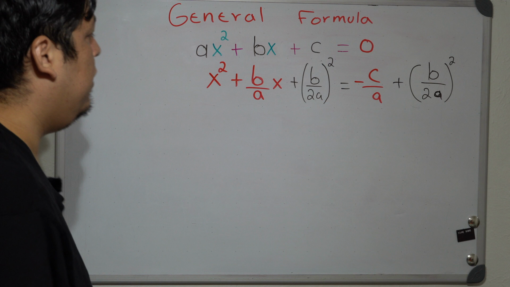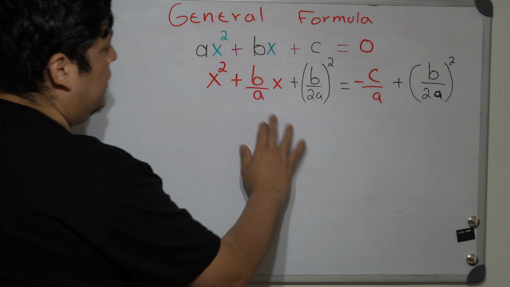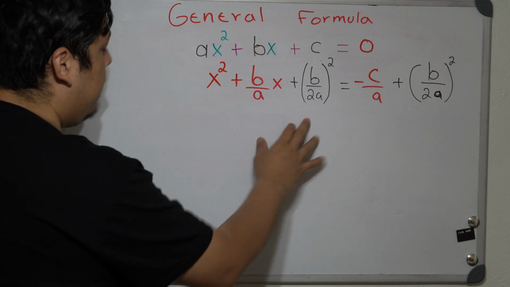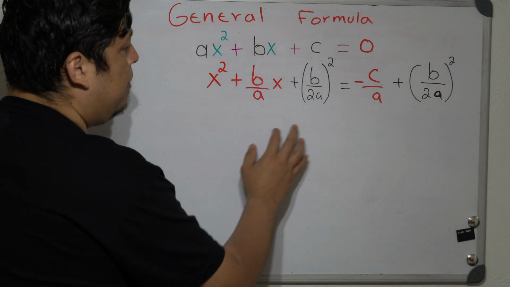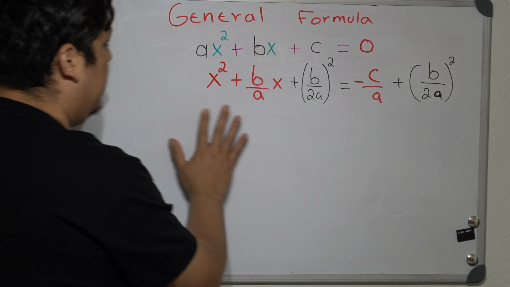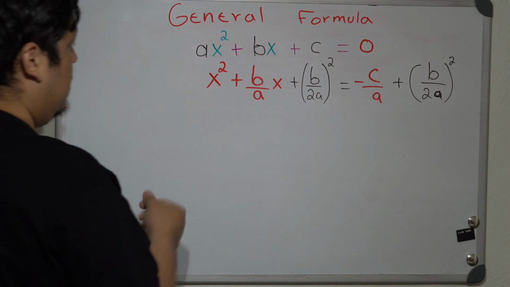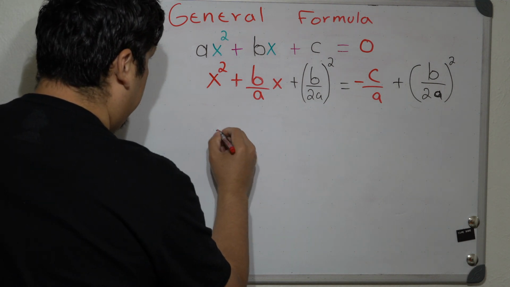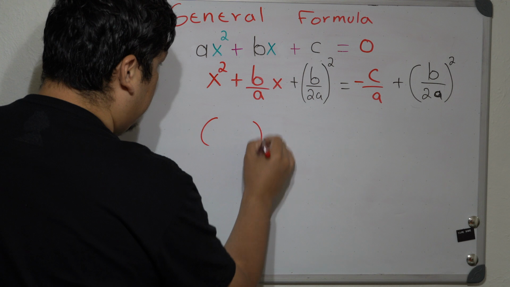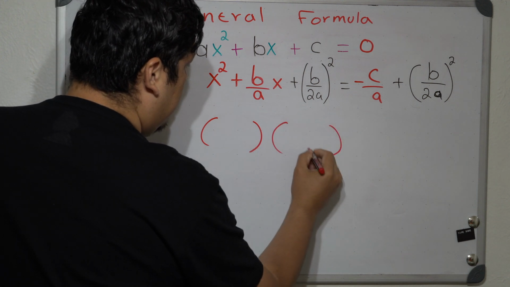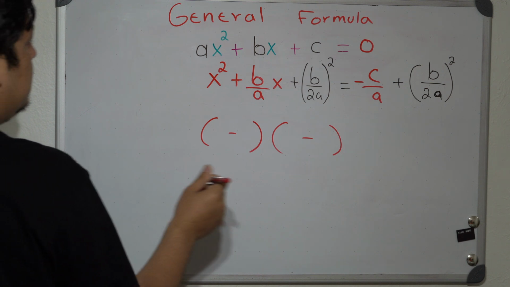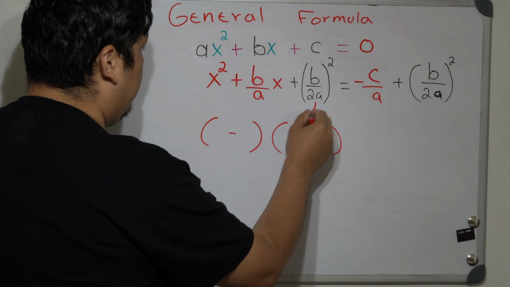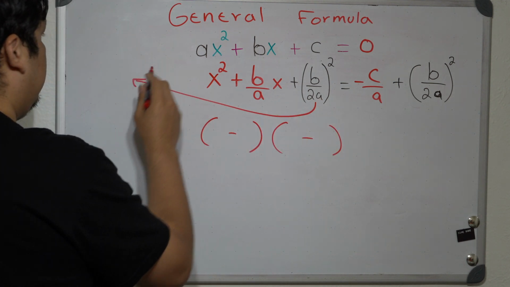So for now, let's try to find the perfect square here for visual representation. I will be showing you this step. I'm not too worried about this, but let's do this. So here we have the factor, and I always use negatives because at any time I can change it back to either of the two, positive or negative.